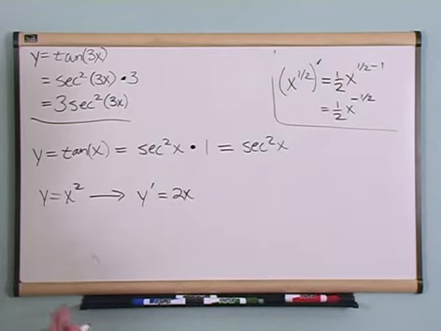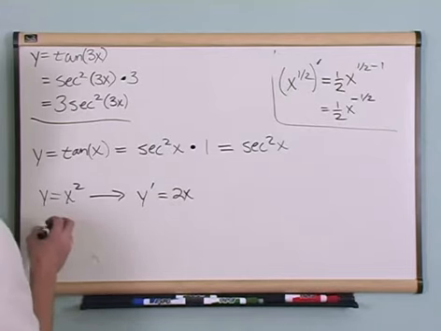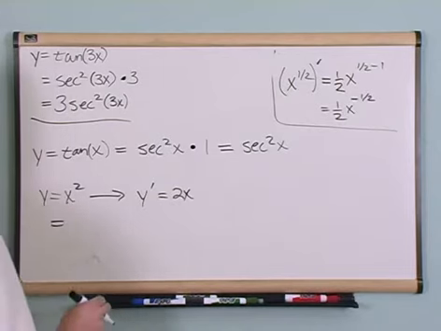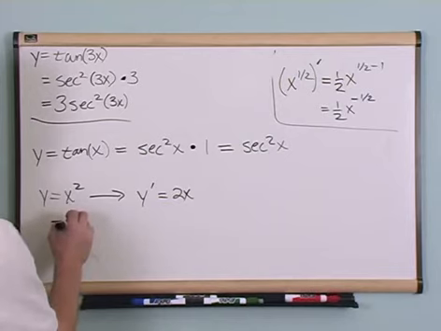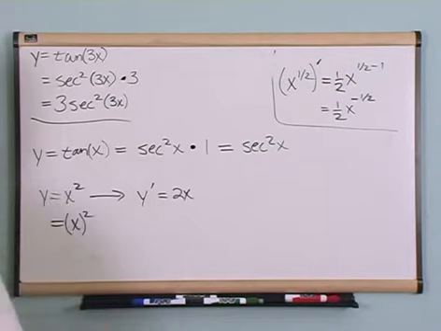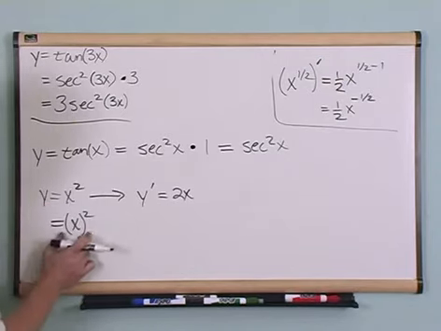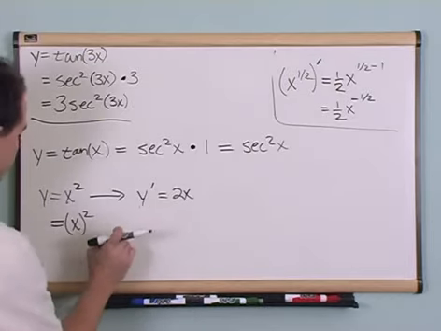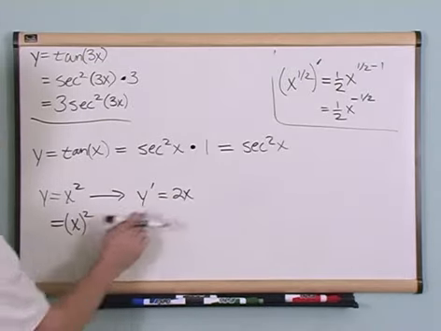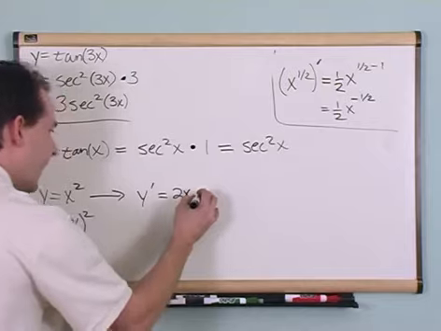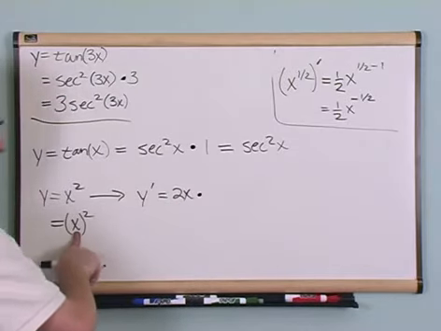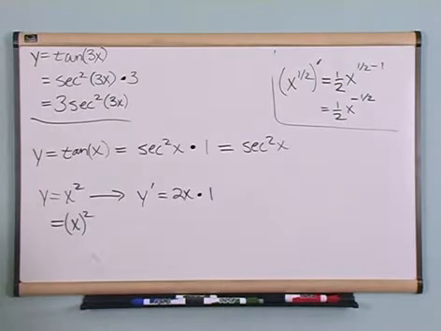But no, reality says what you've had here is x raised to the power of 2, like this, which is really the same thing as this. So the big picture function is something raised to the power of 2, okay? So I'll do 2 and then x to the 1 power. But again, I've multiplied by the derivative of the inside, which again is 1, okay?